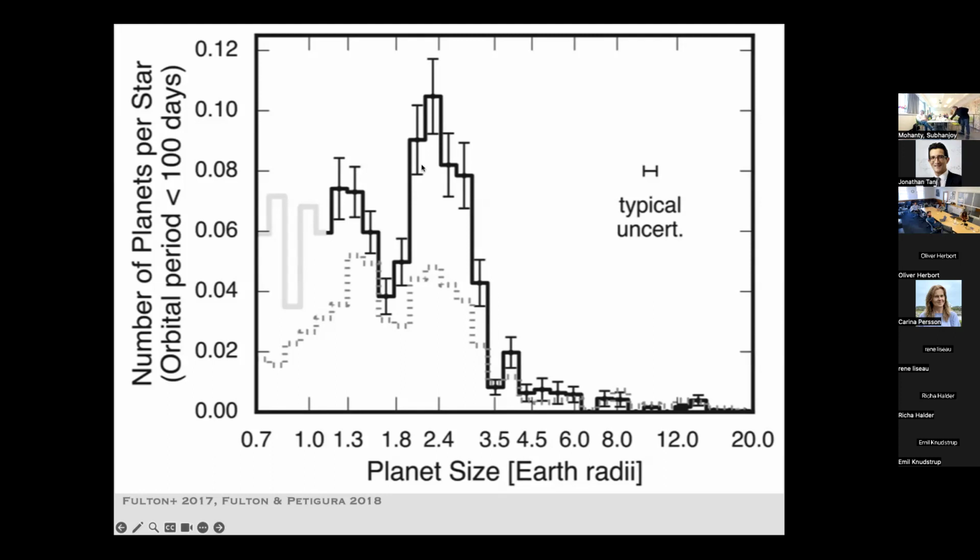Okay, so the first one is a peak around 1.3 Earth radii, the other one around 2.4 Earth radii, and in between them is a gap around 1.8 Earth radii. Okay, and this is observational, and it's now established beyond all doubt.